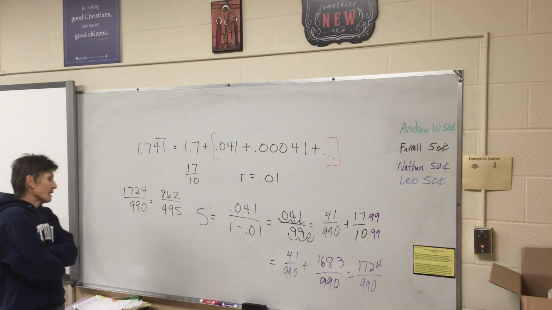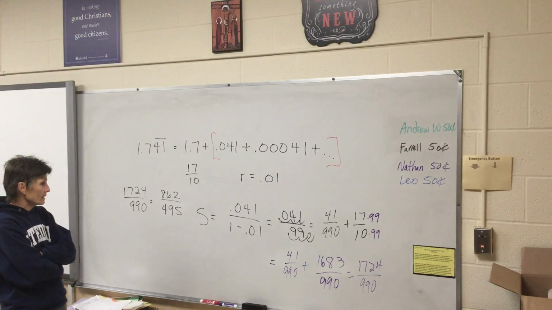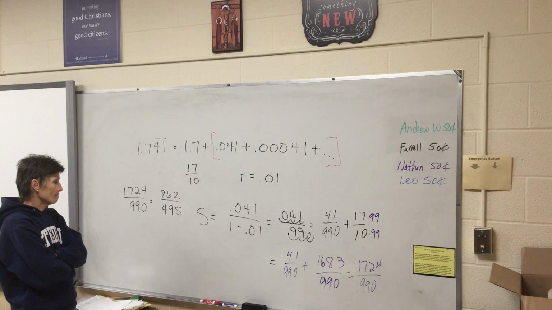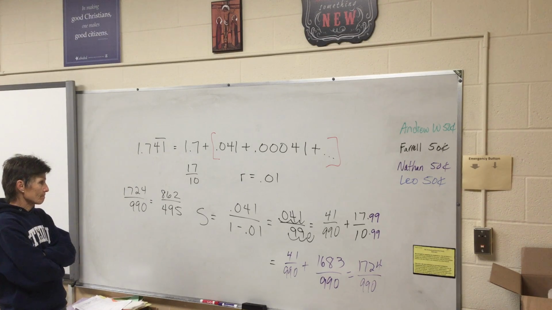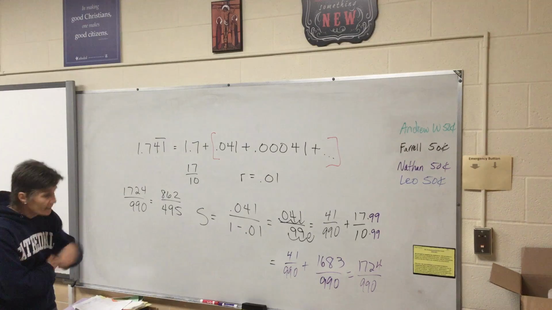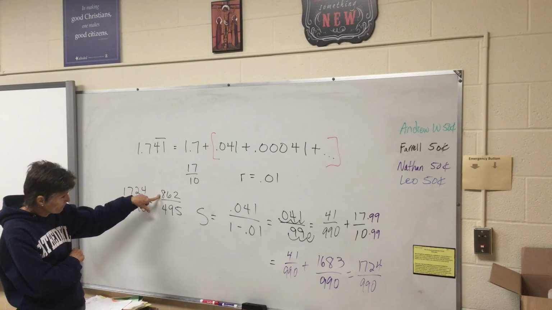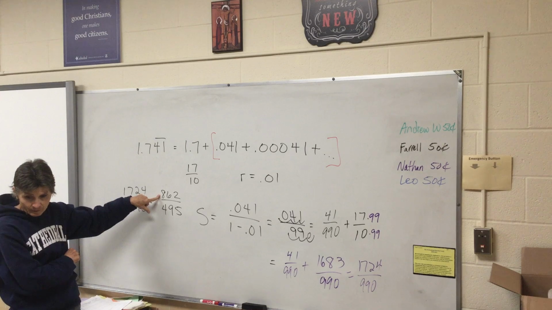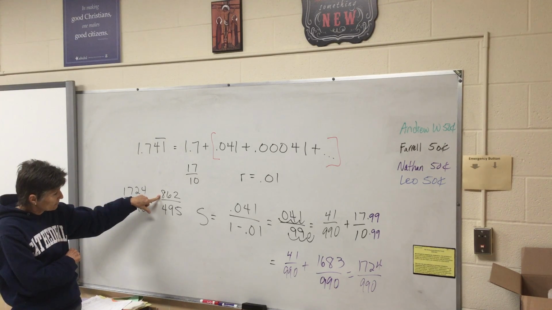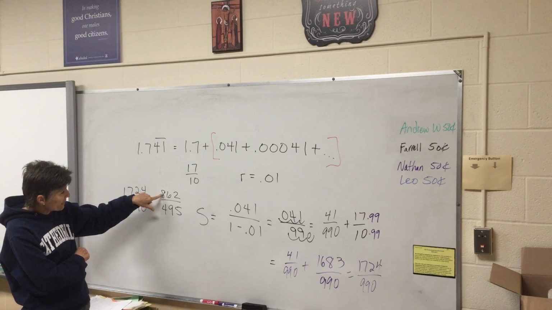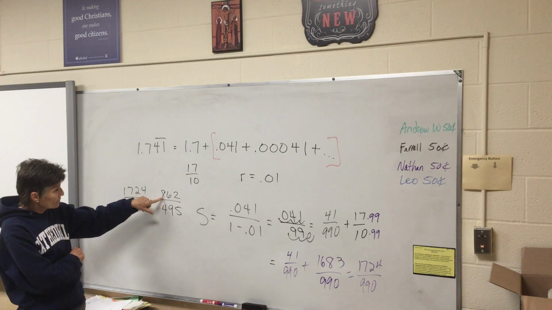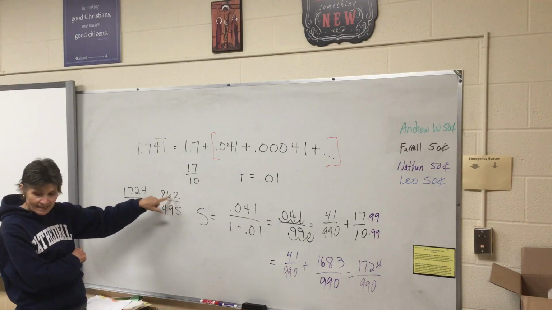Can't do 5. Can't do 3. Anybody know the rule for 3? How do I know I can't divide by 3? Does anyone know that rule? Did you learn that in elementary school? If you add up 8 and 6 and 2, you get 14, you get 16.